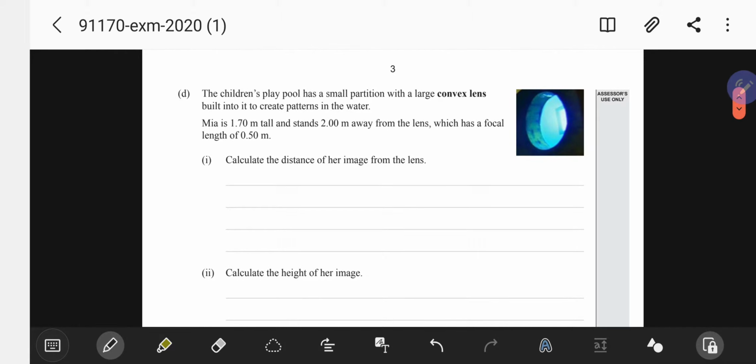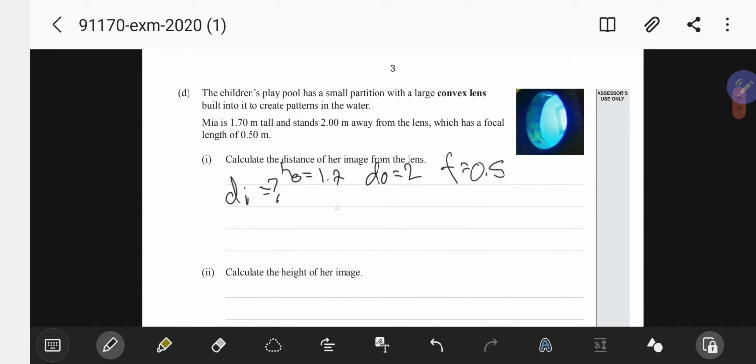Question D. The children's play pool has a small partition with a large convex lens built into it to create patterns in the water. So ho equals 1.7, do equals 2 meters away from the lens, which has a focal length of 0.5. Calculate the distance of the image.